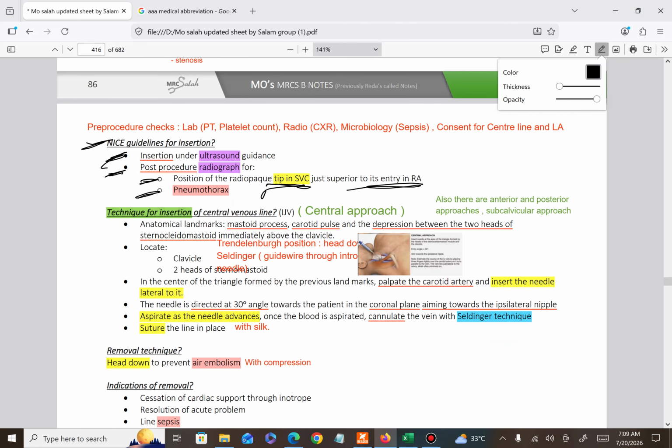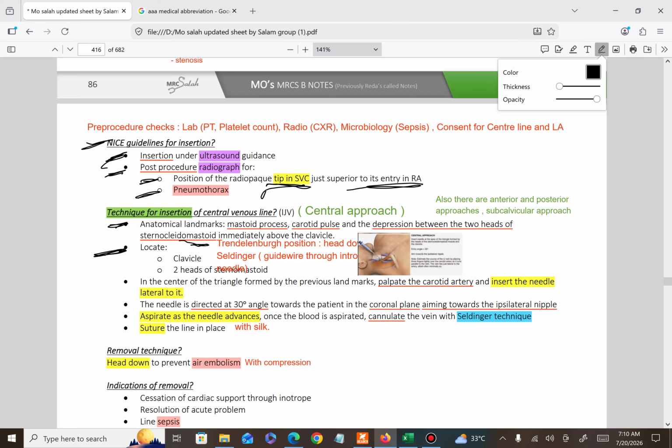Okay, technique for insertion of central venous line. First we have to select the landmark. So the anatomical landmarks are mastoid process, carotid pulse and the depression between the two heads of sternocleidomastoid immediately above the clavicle.